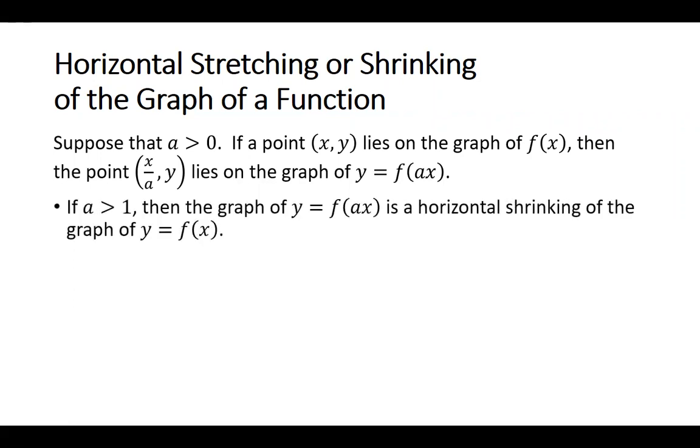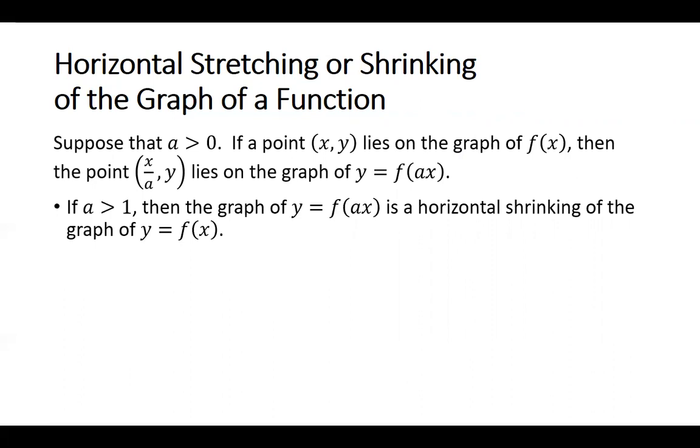If a is greater than 1, then the graph of y = f(ax) is a horizontal shrinking of the graph of y = f(x). Now that may be counterintuitive, but remember I pointed out that we're dividing x by a.